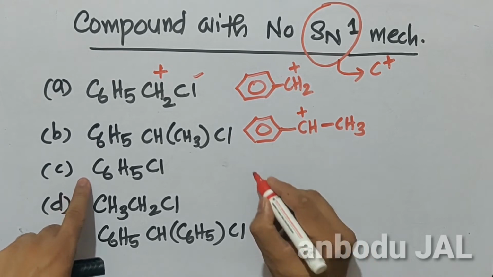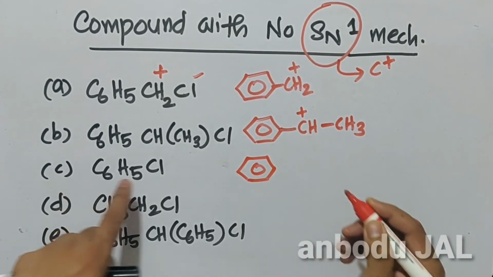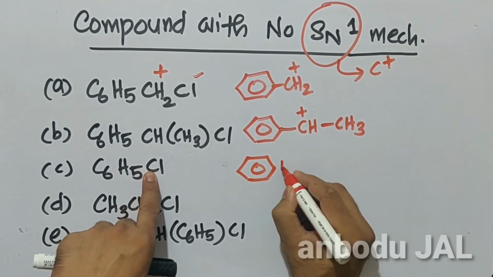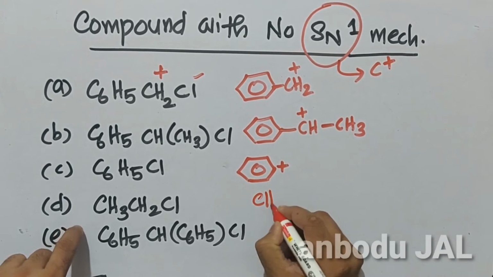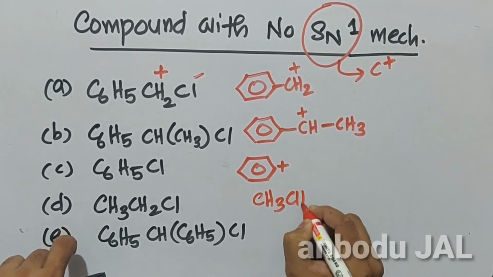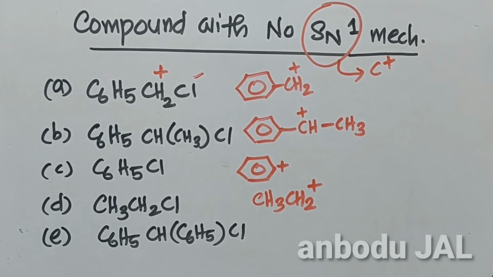Next, the third compound: by the leaving of this Cl minus, the phenyl carbocation is formed. From the fourth compound, the carbocation formed is CH3CH2 plus.